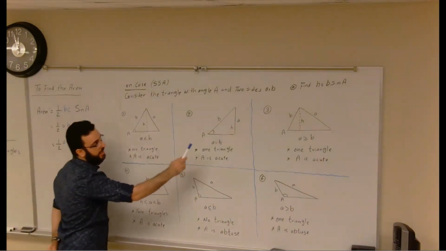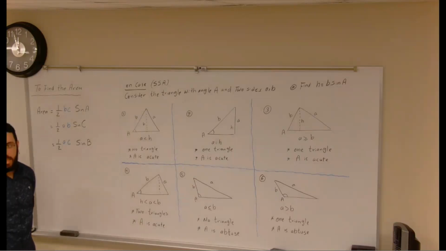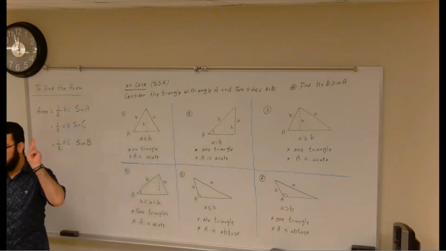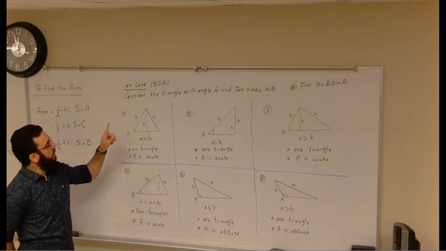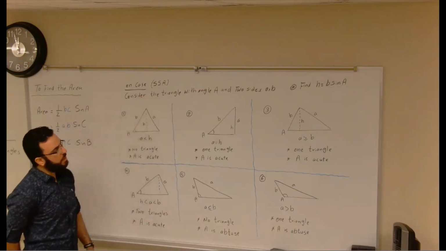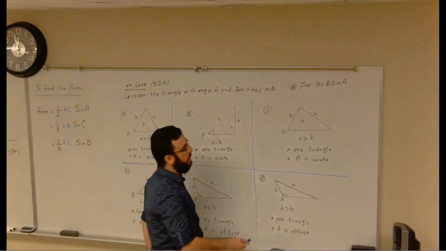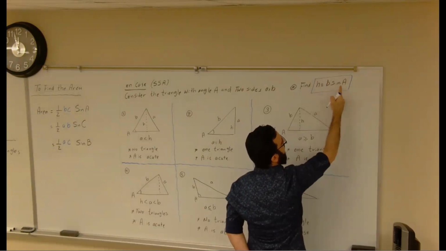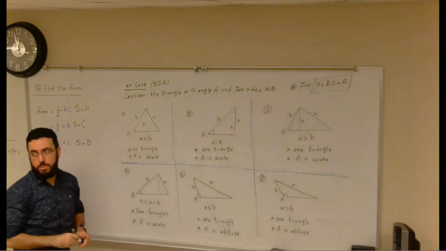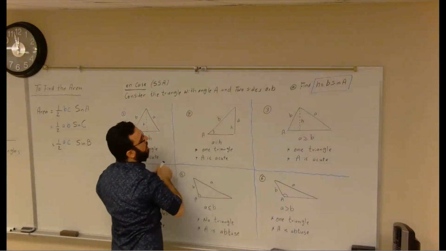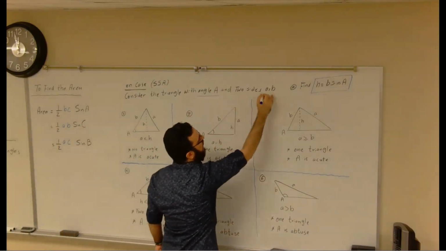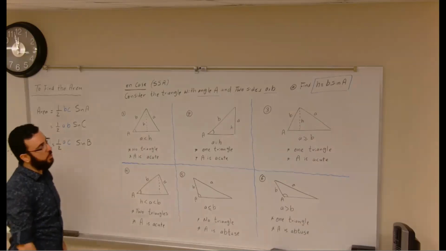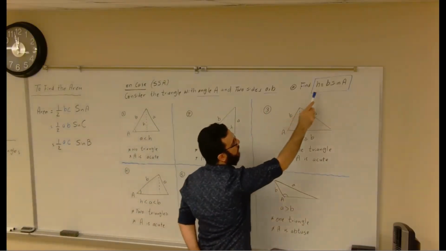We have these 6 options. Okay? Let's check. The first thing always, if you have this case, the second case, two sides, one angle. The first thing, we're gonna find the height, which is h equal b sine A. I'm talking about if we have an angle A with two sides A and B. The first thing you're gonna find the height.